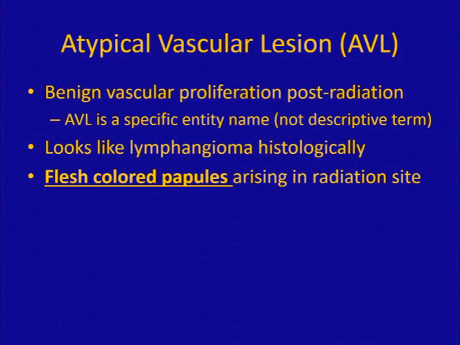And clinically, this is the most important thing about AVL. Clinically, these usually look like small, flesh-colored papules arising within the radiation site, as opposed to angiosarc, which I've already shown you, purpura and large nodules or plaques. So the clinical here is hugely important in helping distinguish between AVL and a subtle angiosarcoma.